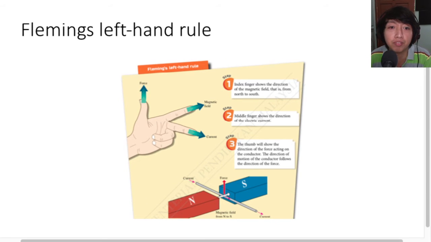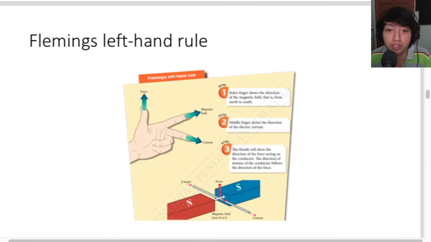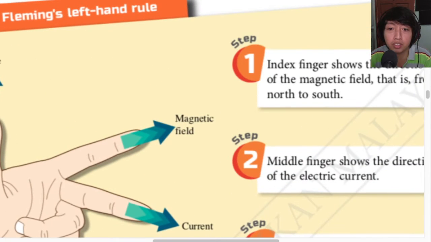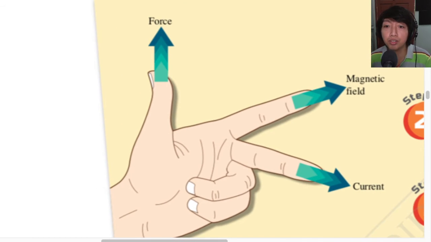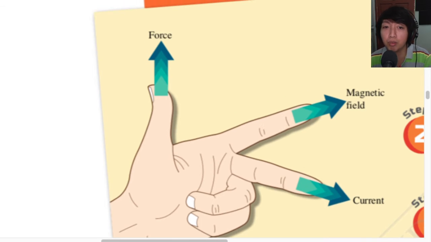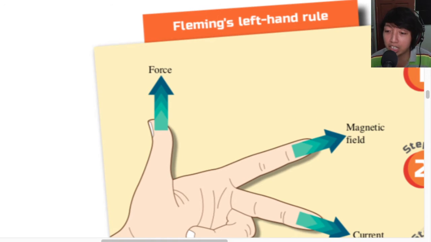Let me zoom it in. But basically, you use your left hand, not your right hand, okay? Your right hand is for you to determine the direction of the current and the direction of the magnetic field. Your left hand is when we're trying to figure out the direction of the force.